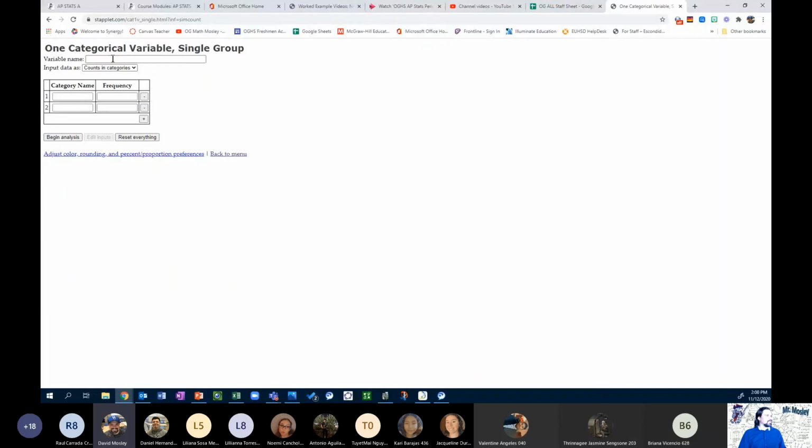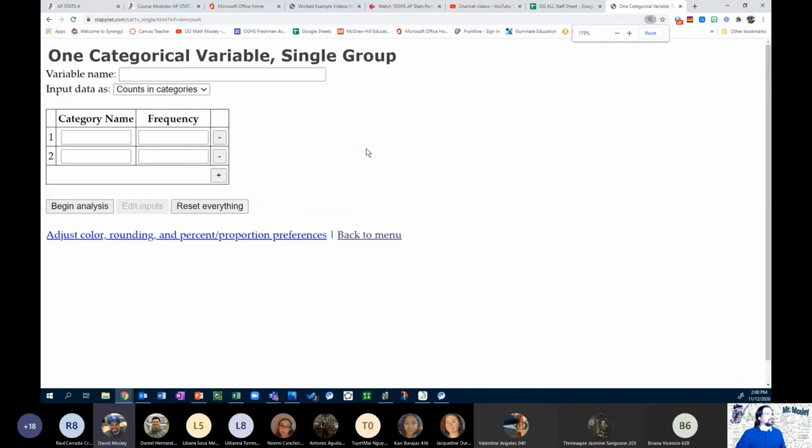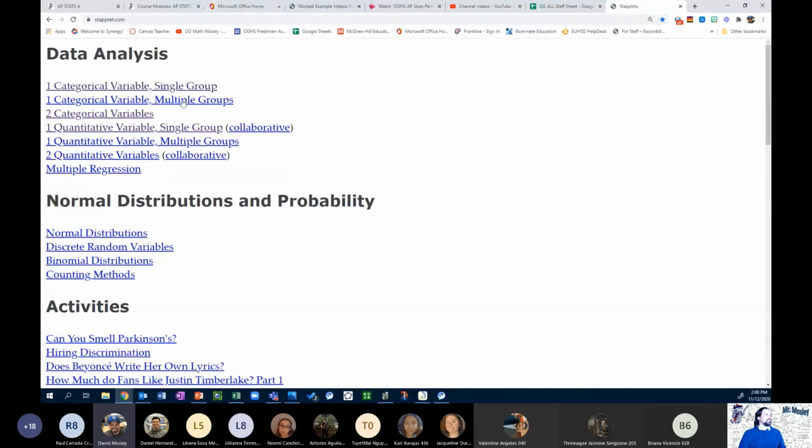All right, so here I've got Statplet open, and I'm just on the one categorical variable single group section. Right here, let's show where that is. One categorical single group. It's just this one right here, because I'm measuring, in this example, heads or tails. That's not a quantitative variable. That's categorical.